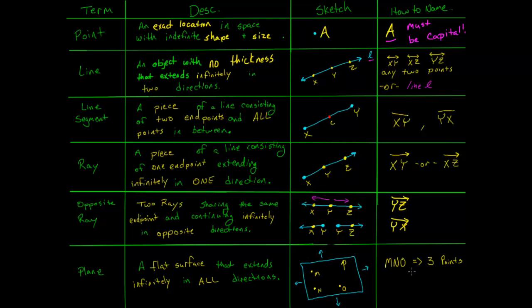Now, you can do that, or we can simply say this is plane, and we're going to use our uppercase script P. And for our notes of this plane P, I'm going to put it is uppercase script.